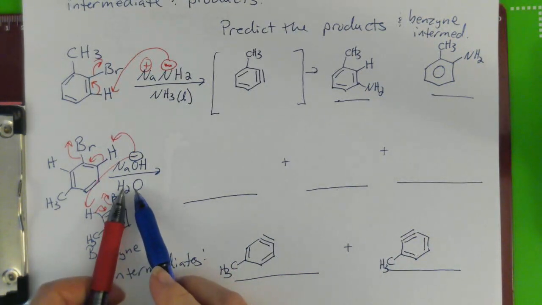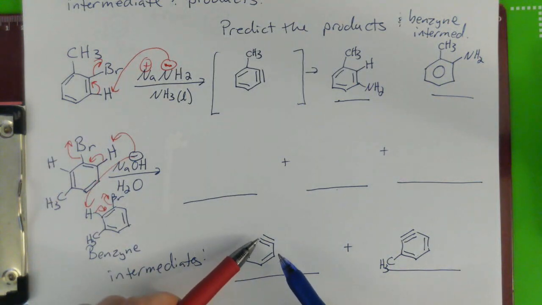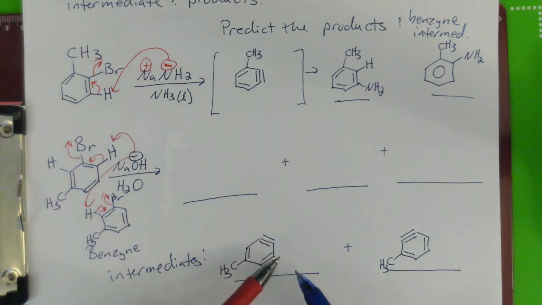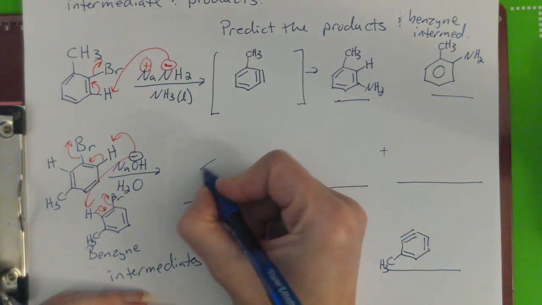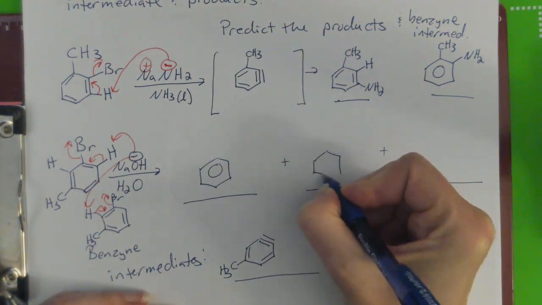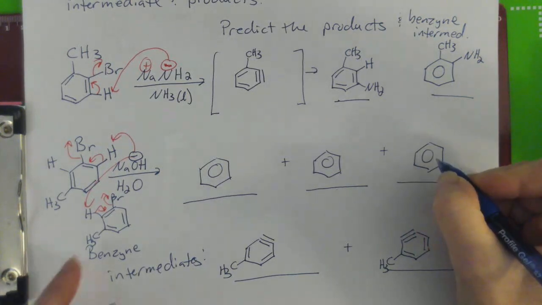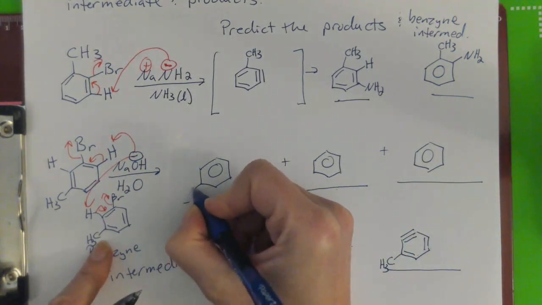So in the second step now we're adding water, so an H to one carbon of the triple bond, and then the OH to the other, and then this gets reduced to a double bond. And again, be kind to yourself by right away just filling this out and filling in this piece.